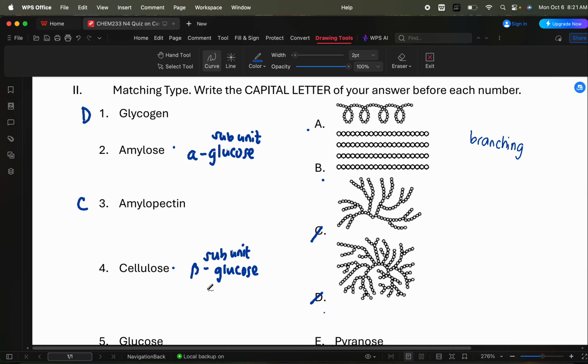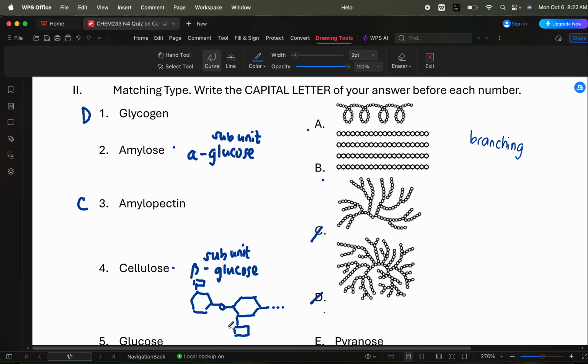If we were to redraw, say for example, we have a sugar molecule here. For cellulose, there is a substituent at the top, then the next sugar would have to have the substituent at the bottom, and it goes on.